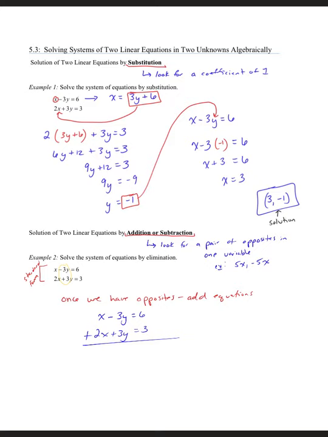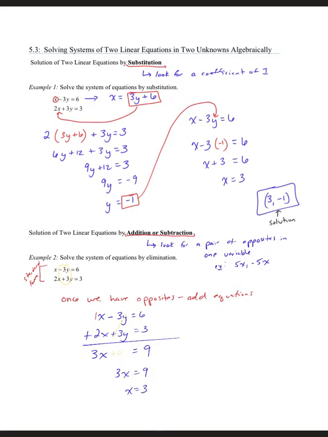And then we're just going to add up our columns how we would add in a regular old-fashioned arithmetic problem. So here we have a 1x plus 2x gives us a 3x. And then a negative 3y plus 3y. That's going to cancel or just give us a 0. 6 plus 3 is 9. Well, 3x plus 0 is 3x, and then we're left with x equals 3.